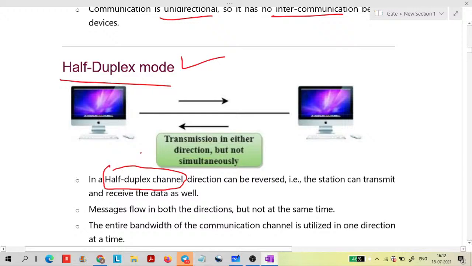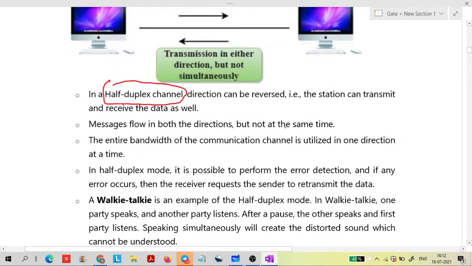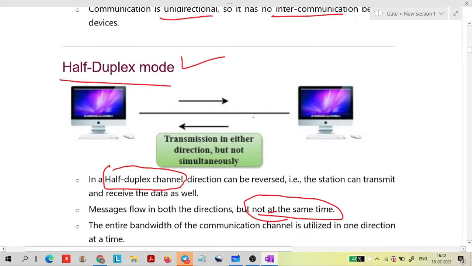The message flows in both directions, but not at the same time. Half duplex mode of communication means the message will flow in both directions, but not at the same time.